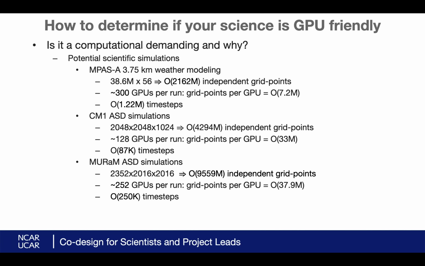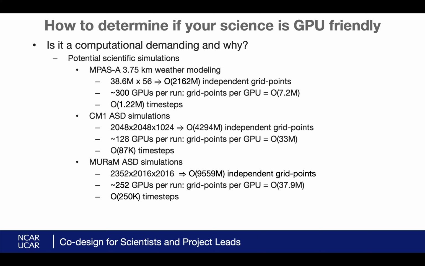Looking at very high resolution, 3.75 kilometer, a very large number of grid points. The number of independent grid points is about 2 billion. The intended run when the Derecho system gets deployed here in the winter time is probably about 300 GPUs per run, and the number of grid points per GPU is probably about 7 million independent grid points.